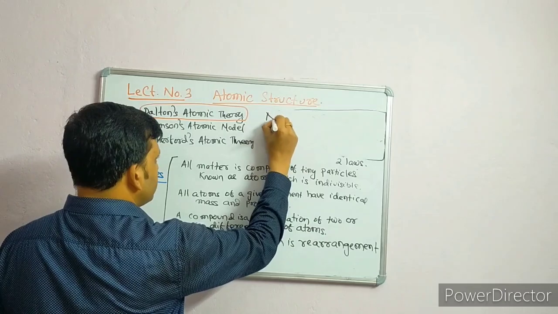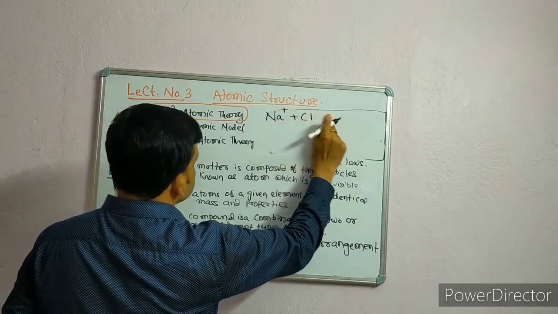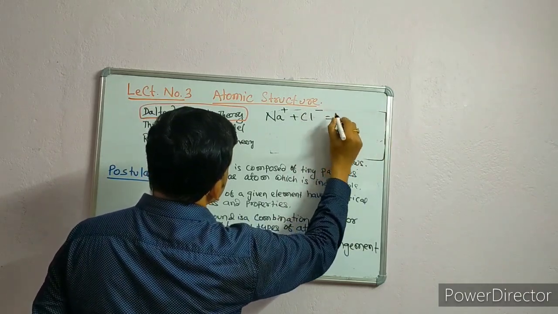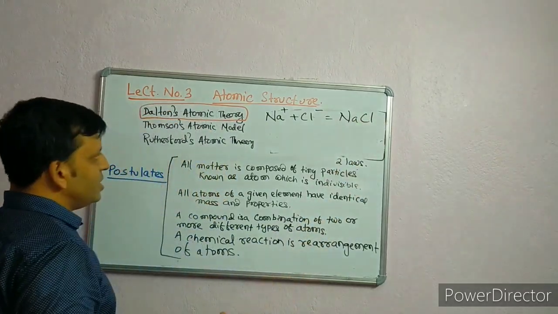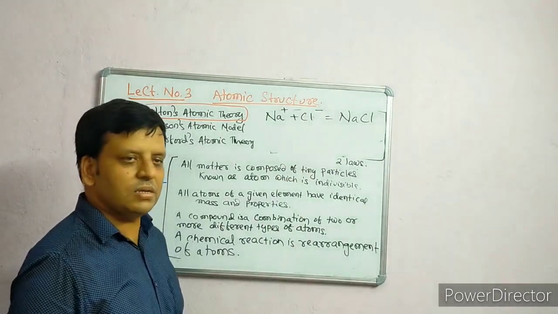Sodium chloride, as we all know, Na plus Cl minus is equal to NaCl. Or in simple terms we can write it is a combination of sodium and chlorine.